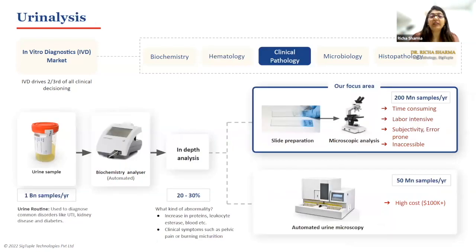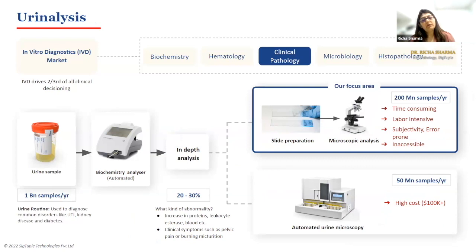The next area where we can actively work is urine analysis. Like hematology, a urine sample is a common sample that labs cater to. After a biochemistry analysis on an automated analyzer, an in-depth analysis is done by microscopy.